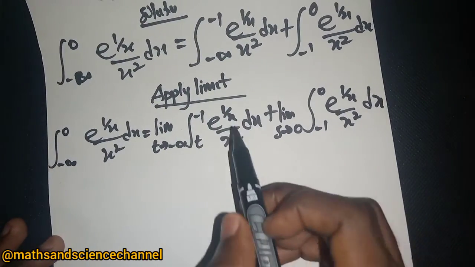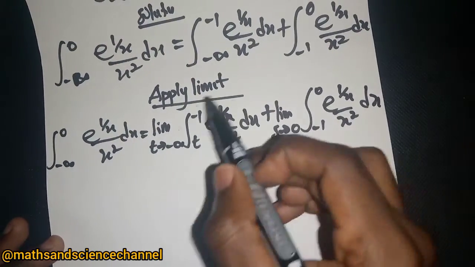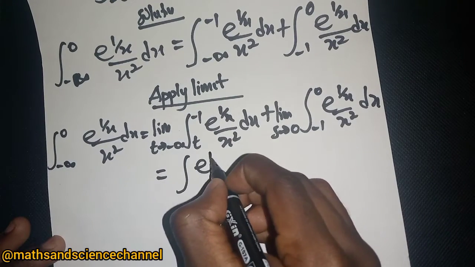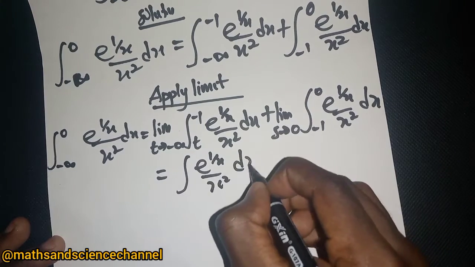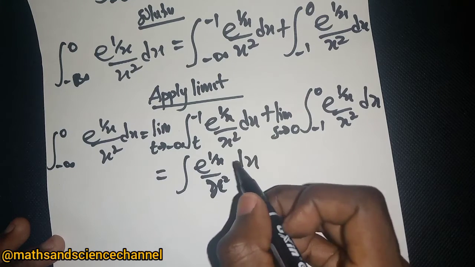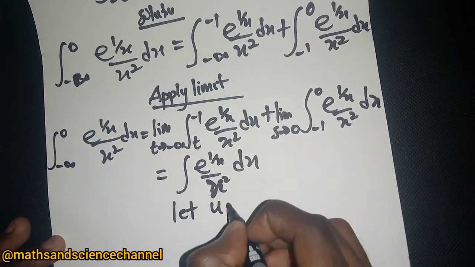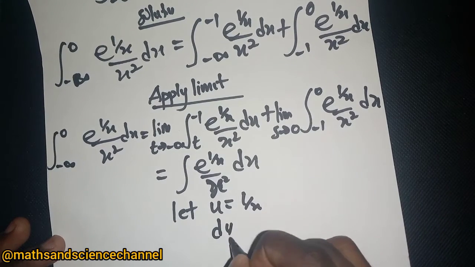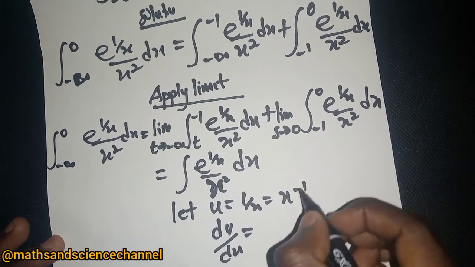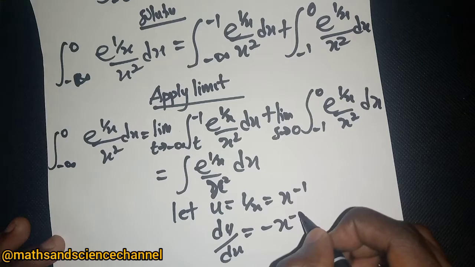Now we have e to the power 1 over x over x squared on both sides, so generally we have to solve this integral, e to the power 1 over x over x squared dx. Over here we are going to use integration by substitution. We let u be equal to 1 over x, then du with respect to x will be negative 1 over x squared.